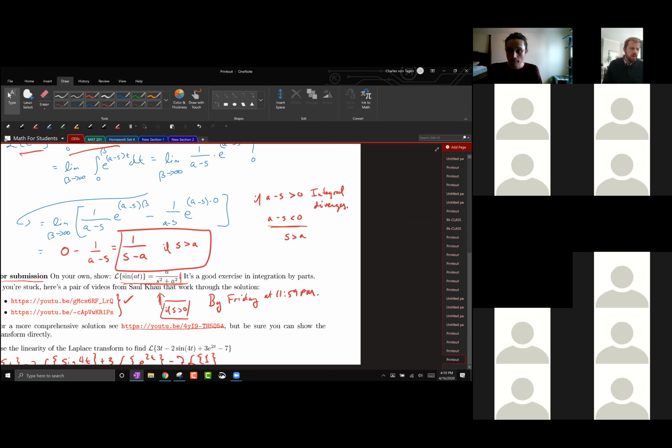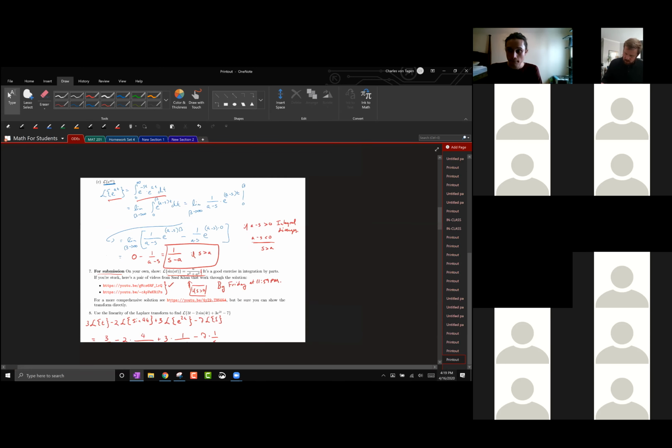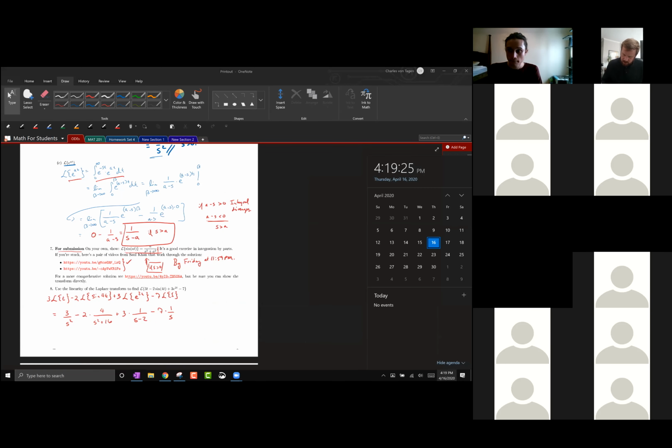Okay. What else? I think what I'd like to do is, can you guys see my calendar? Here we are at the 16th. I know it's getting close right back to finals week, but I would like to have an exam over what we've covered on Laplace transforms and the systems of equations. I'd like to do that on Tuesday the 28th.